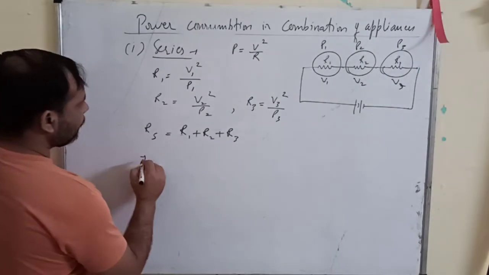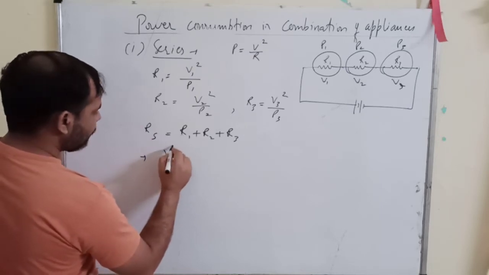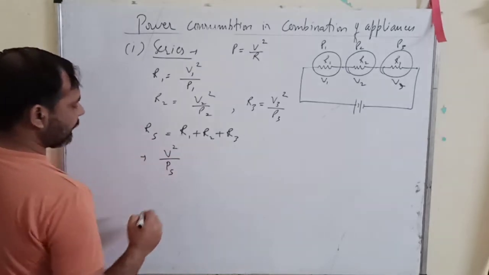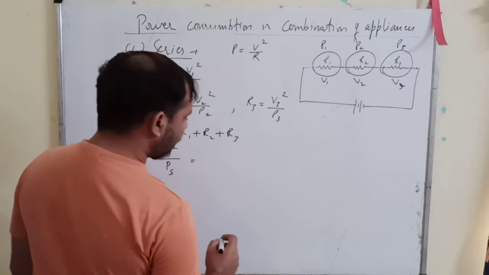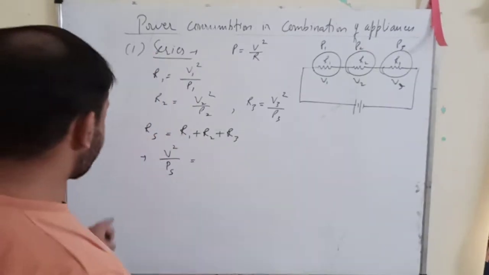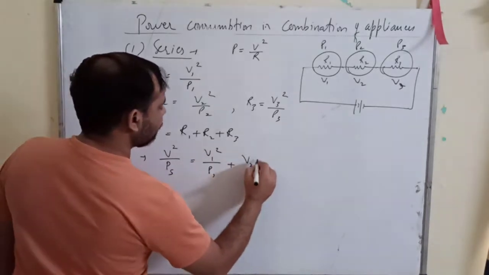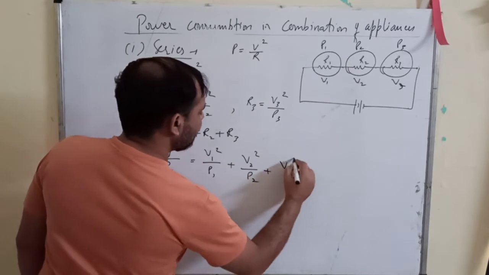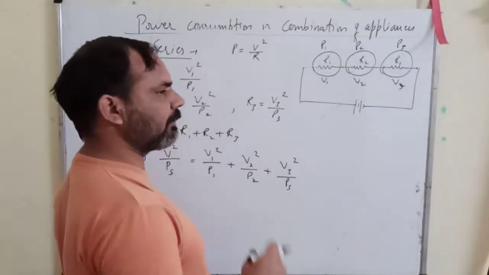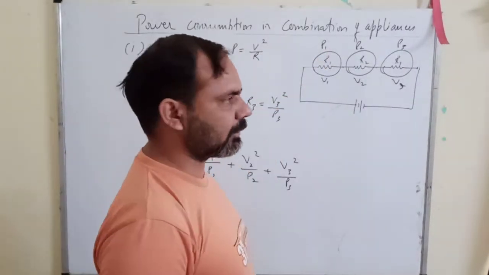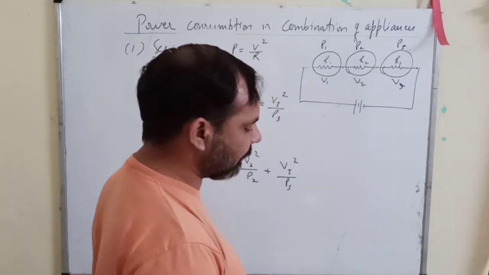So RS is V square upon PS, which is equal to V1 square upon P1 plus V2 square upon P2 plus V3 square upon P3. Now let us suppose that the marked voltage across all of them is the same.